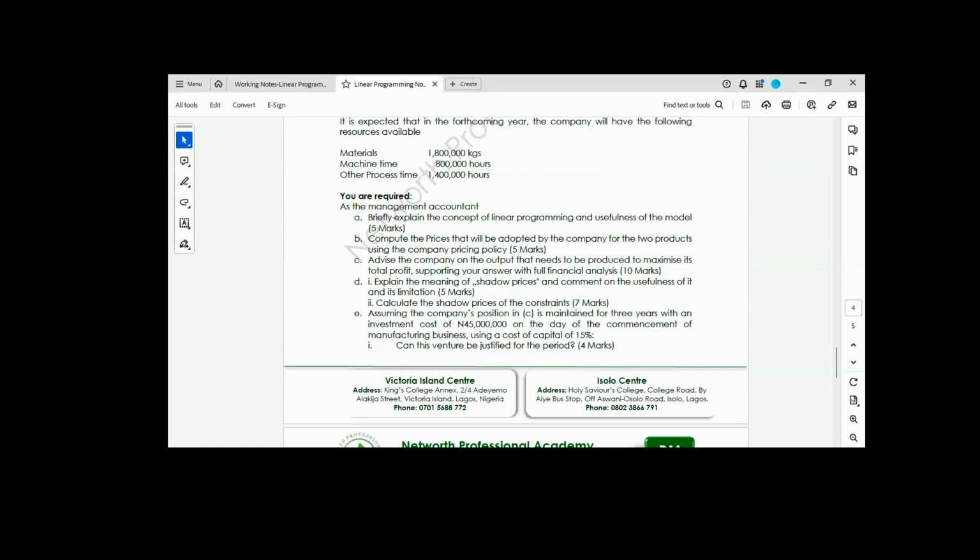First thing first, before you put down any notes, you need to understand that cost volume profit analysis is a very practical concept. At times a company may need finance for a project, and if that finance is not readily available, the company may approach lenders or investors for the purpose of sourcing for funds.